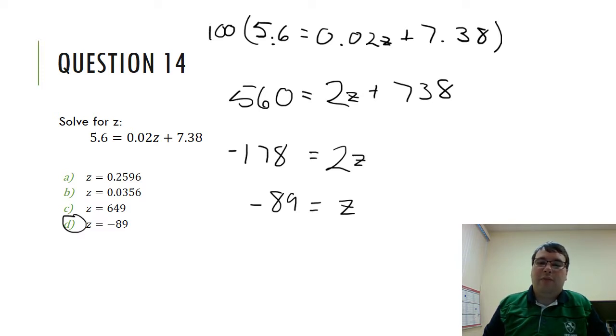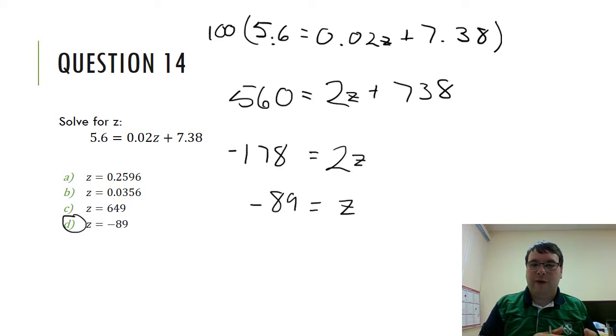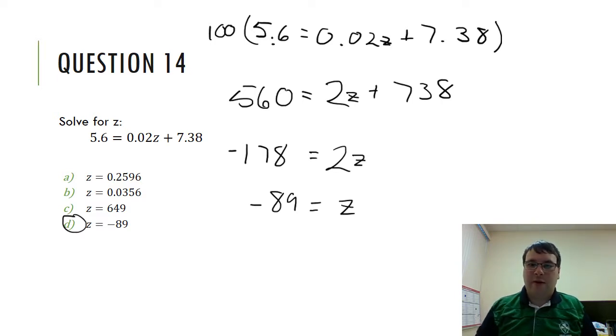plus the 7.38. Now, I noticed that in the first part, 5.6 only has one decimal place. 0.02z has 2 decimal places. 7.38 also has 2 decimal places. So why don't we clear those decimals out? Why don't we get rid of them? Because I know everybody loves decimals, right? So here's how we're going to clear.